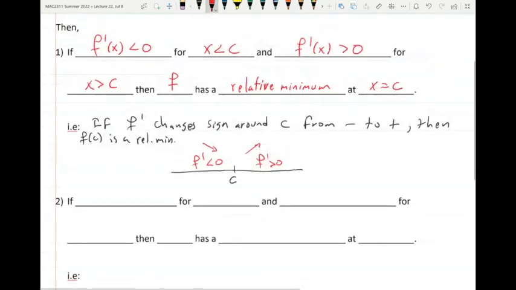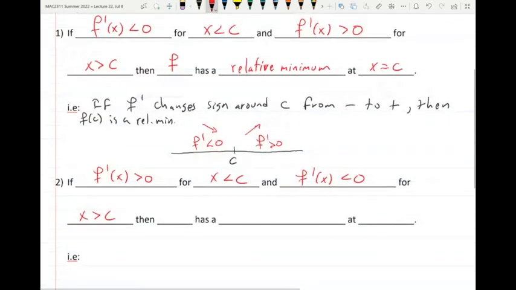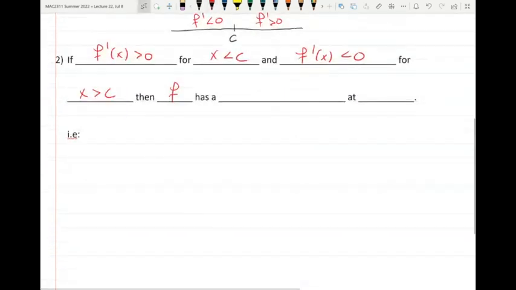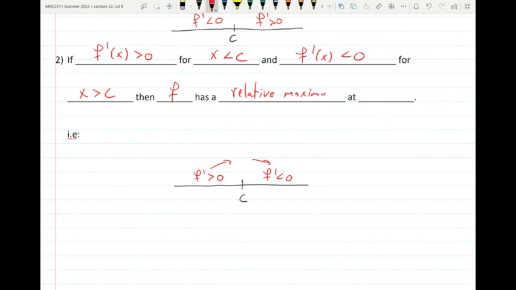Now, similarly, if it turns out that the derivative is positive for x less than c, so positive on the left, and negative for x bigger than c, so negative on the right, then what does the function have? Well, let's draw the picture. Here is c. The derivative is positive here and negative here, so that means increasing then decreasing. So we have a relative max at x equals c.